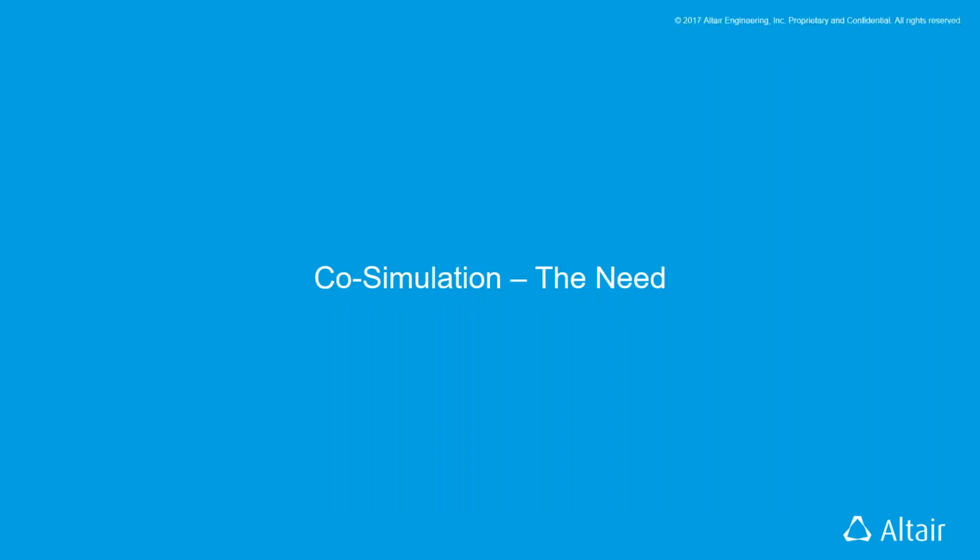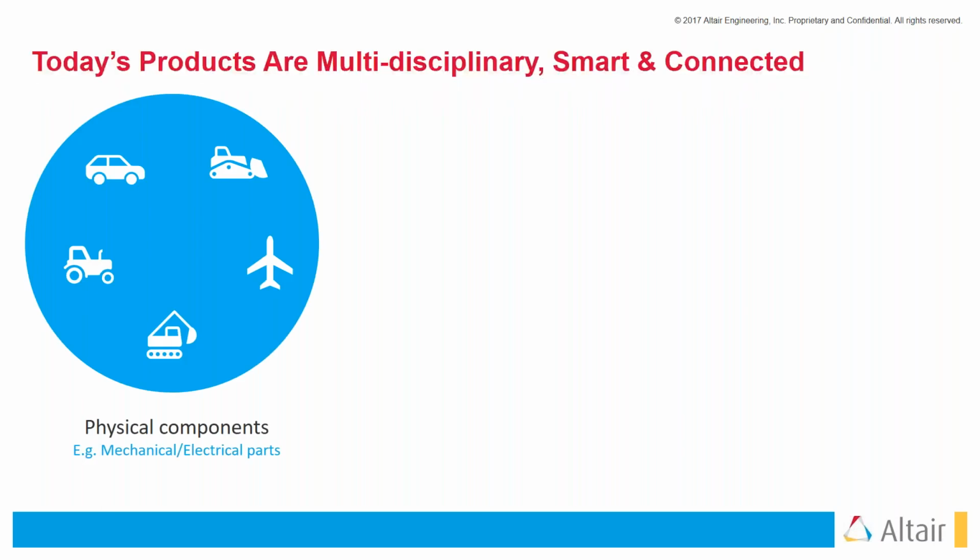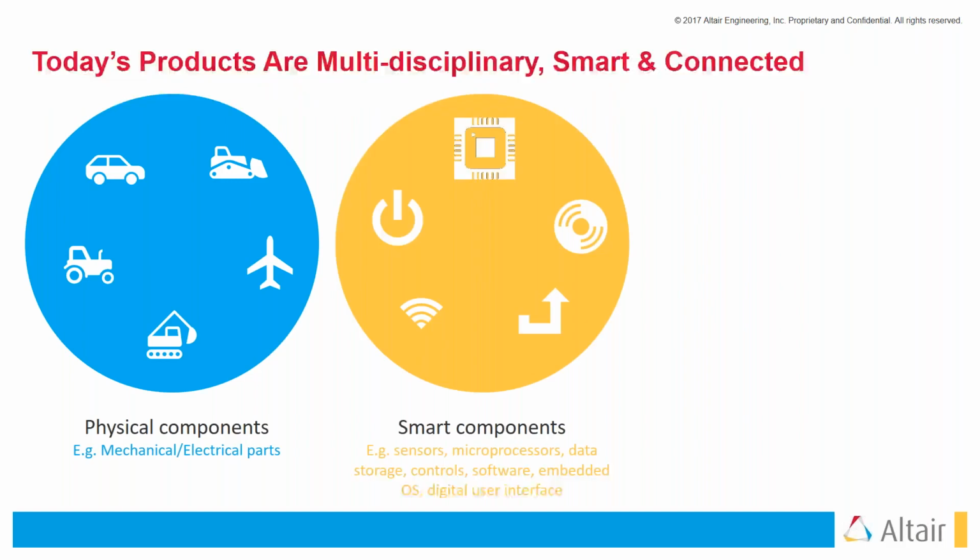So, co-simulation needs. Today's products are multidisciplinary, smart, and connected. Looking at the physical components, like mechanical, mechatronics, or electronics, there are different domains for aerospace, automotive, or heavy engineering, a plant model, a physical component. Then you have smart components, which is how the control systems come into the picture. We talk about sensors, microprocessors, data storage, and embedded and IO interfaces.